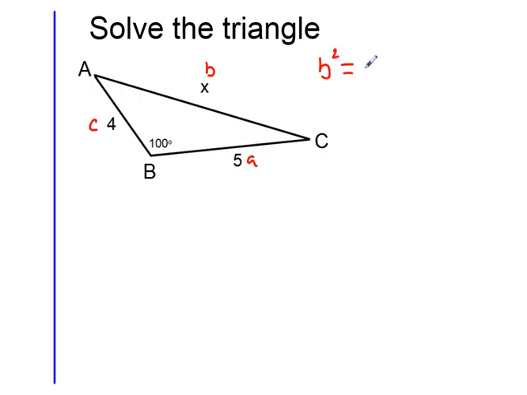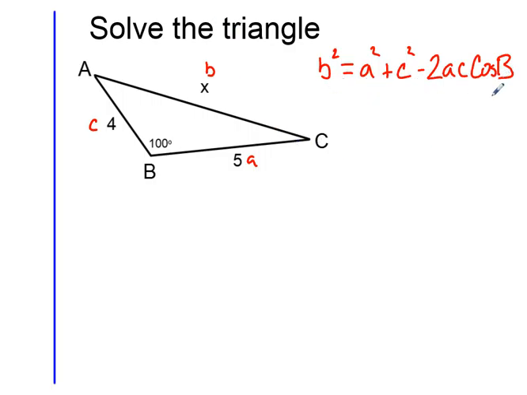It goes B squared equals A squared plus C squared minus 2 times A times C times the cosine of angle B. Notice I'm using little letters for our sides and a big letter for our angle.